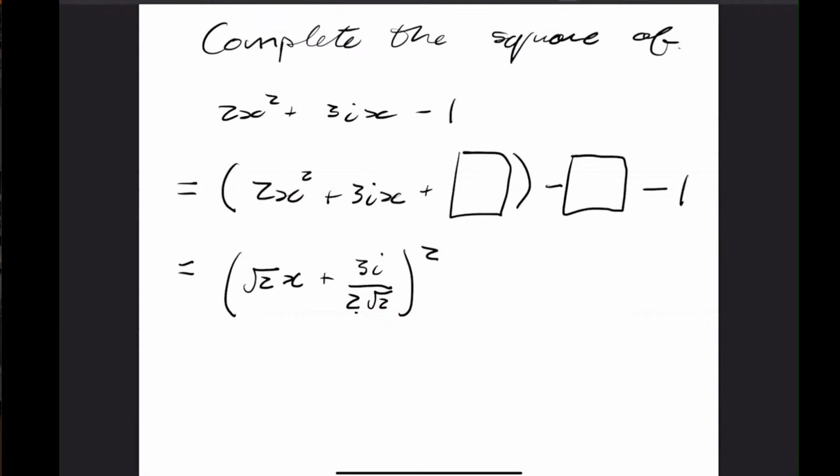That is minus 9 over 8, and we're going to immediately subtract the minus 9 over 8. What are we left with here? This is 9 over 8 minus 1, which is 1 over 8.